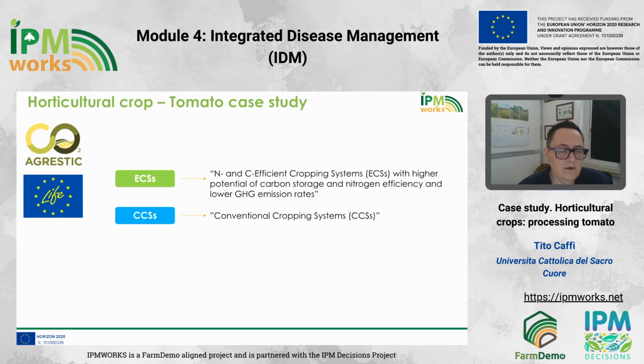We are trying in this project to maximize the yield in terms of production, quantity and quality, of course, reducing as much as possible the application of nitrogen and increasing the carbon storage in order to reduce greenhouse gas emission of the crop.